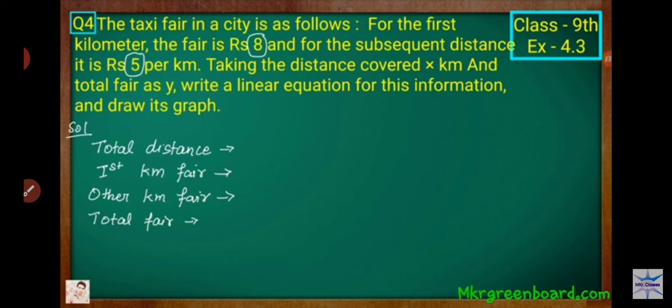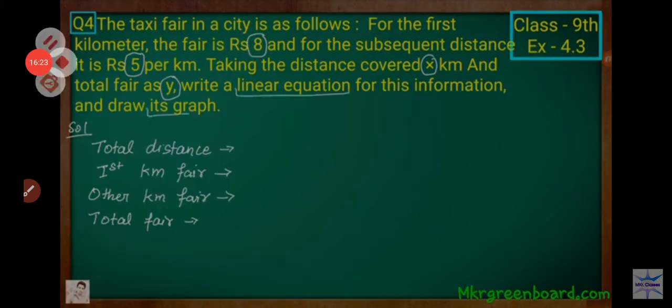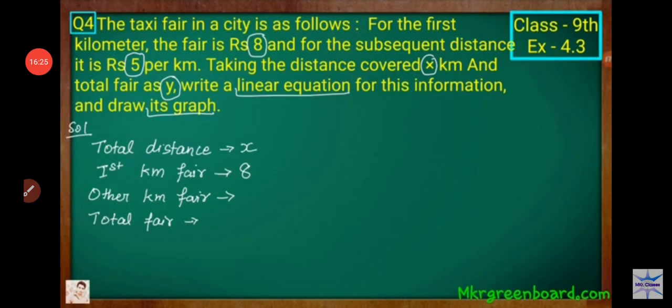Okay, first kilometer fare is 8 and subsequent distance is 5 per kilometer. So given is total distance x, first kilometer fare is 8 and other kilometer fare is 5. Okay, so what is the total fare?